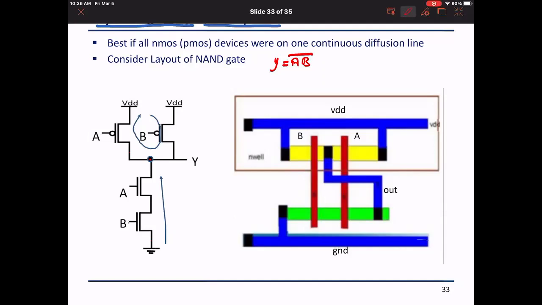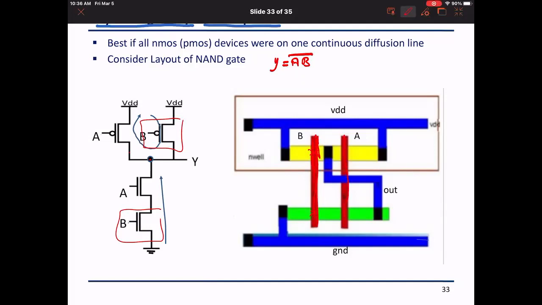To be able to guarantee that whatever poly input goes to the NMOS will have the corresponding transistor, I can go up vertically and find the corresponding transistor, this B and this B, in the PMOS with the same poly stretch. We need to aim at this form.